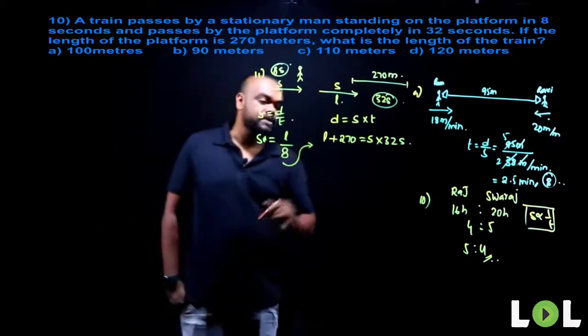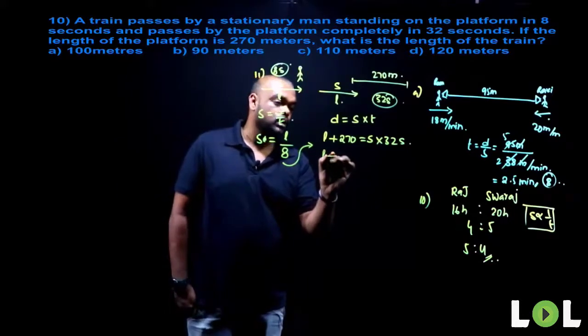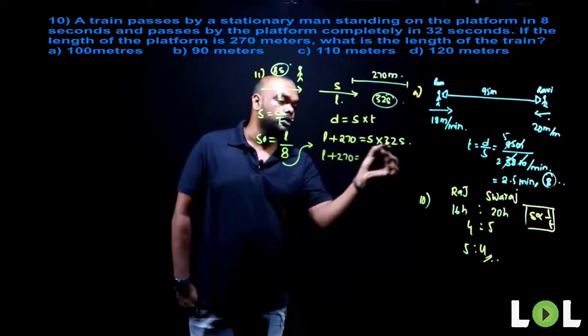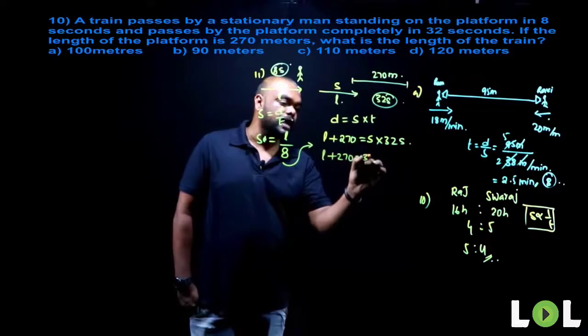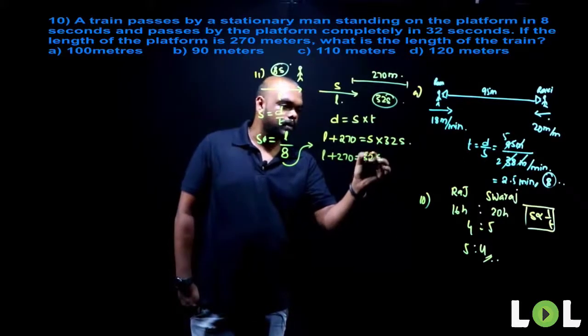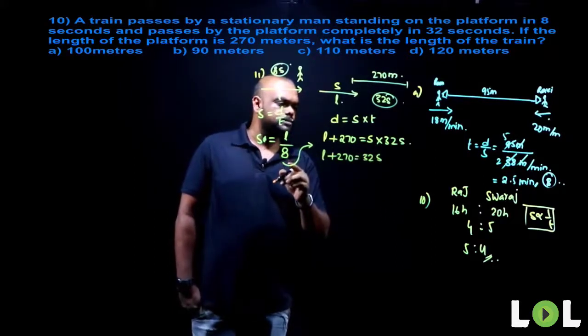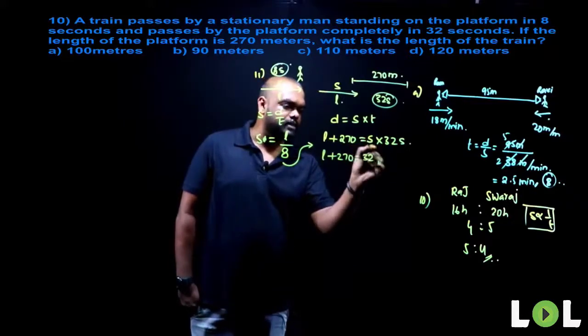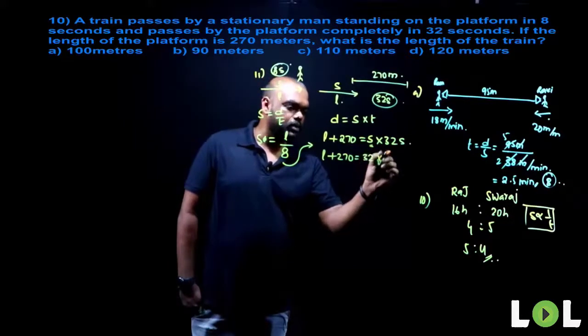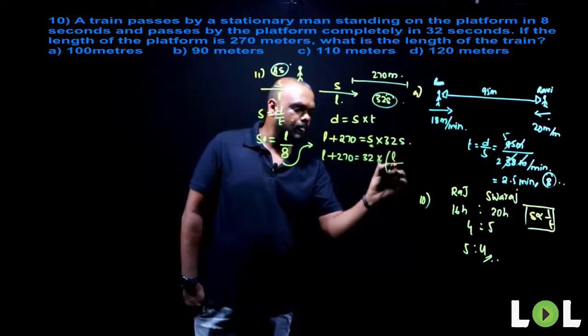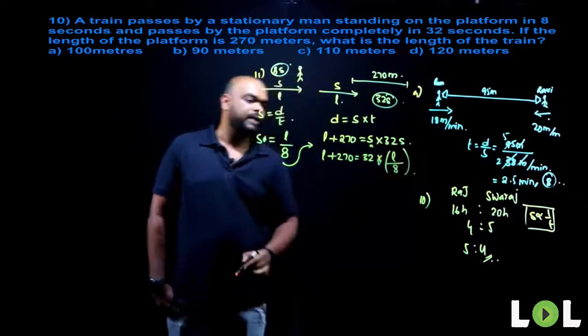What happens? L plus 270 equals 32S. In place of S, what do I write? L by 8. I will write L by 8.